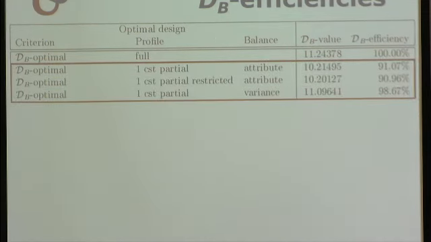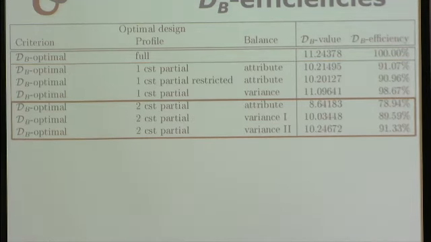Now, if we have one constant attribute in every choice set, then the informational content as measured by the D criterion value drops. And you can see that it drops more if we use the attribute balance approach than if we use the variance balance approach. It seems that if you have to decide on what attributes to hold constant, the variance balance approach does substantially better than the attribute balance approach.